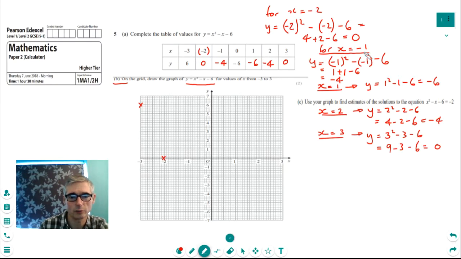When x is negative 1, we get that y is negative 4. When x is 0, we get y is negative 6. Continuing along, when x is 1, y is negative 6. When x is 2, y is negative 4. And when x is 3, y is 0. So there we go.